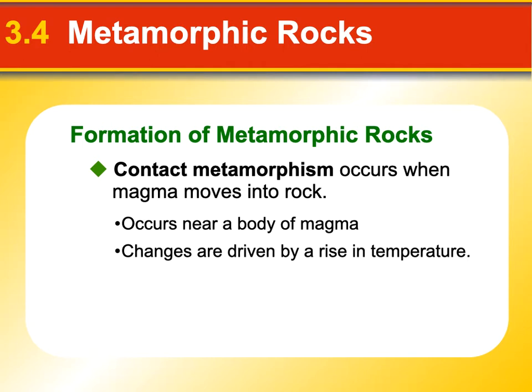It changes. This can take, for instance, limestone, which is kind of a dull gray looking rock, and convert it into this gorgeous white or pink marble because it cooks it. It just kind of bakes it around the outside. That's known as contact metamorphism.